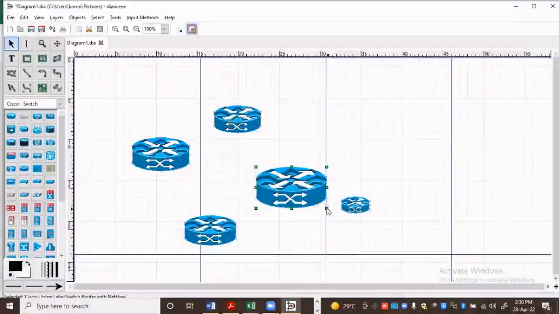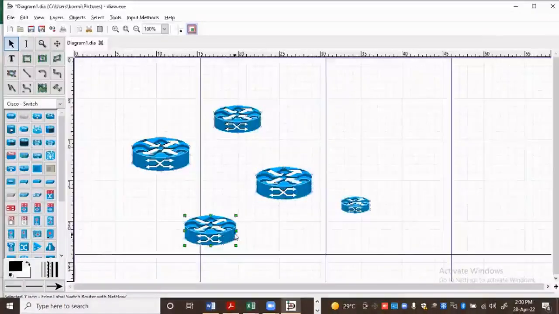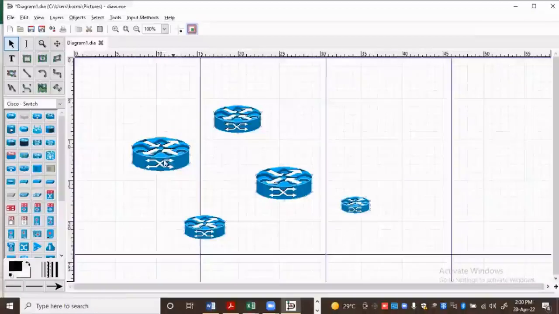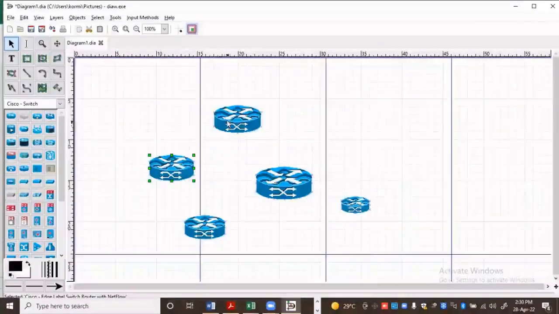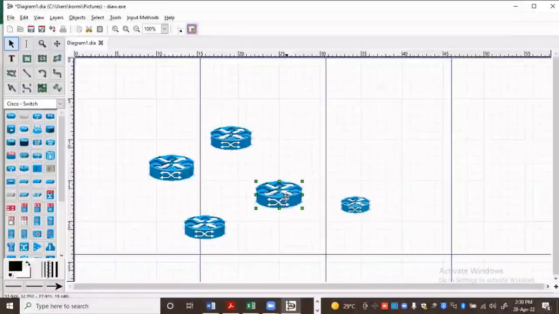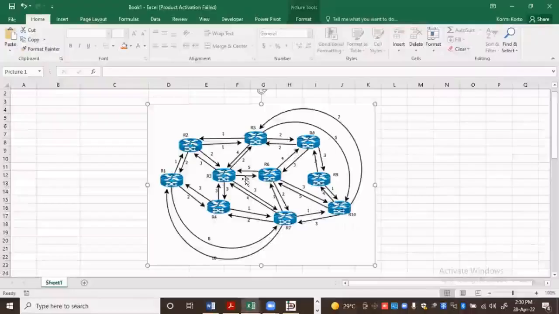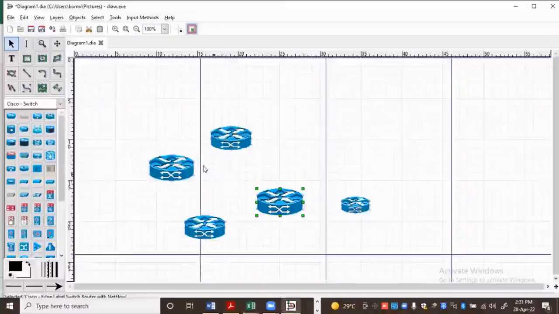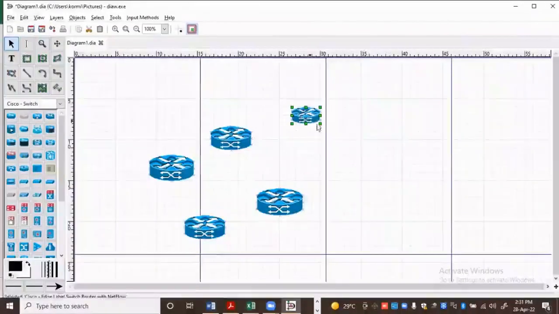Too big, just minimize it by clicking on one of the arrows. So I'm just making them smaller so they can fit into my environment. I got a couple of them up there. Okay, one up here. Another one next to it.